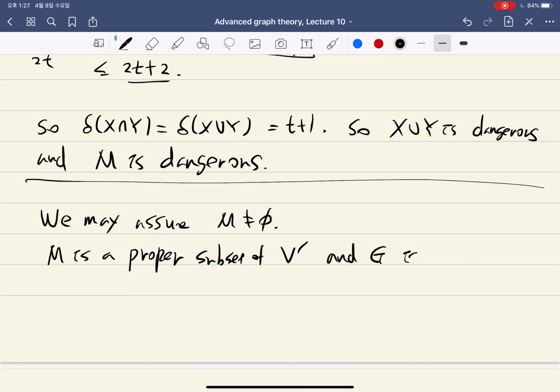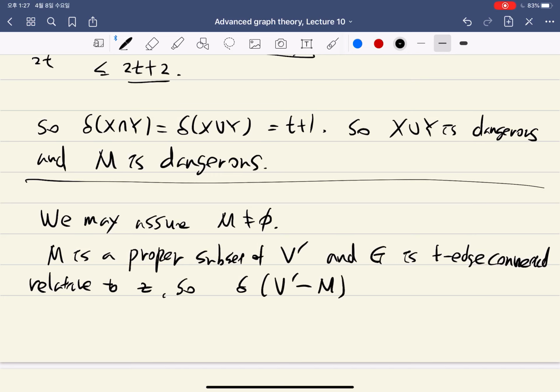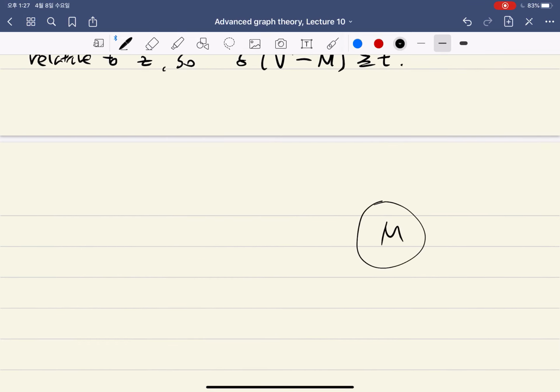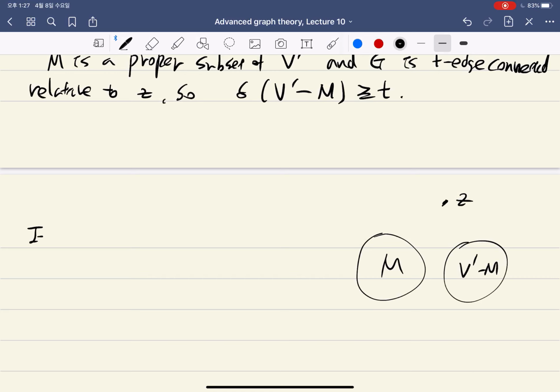And we know that G is TH connected relative to G. So the number of edges leaving V prime minus M is at least T. So we have M, we have V prime minus M, we have G. So if M contains all neighbors of G, then what happened? All neighbors are going here.